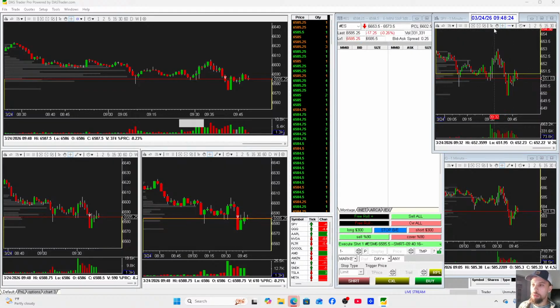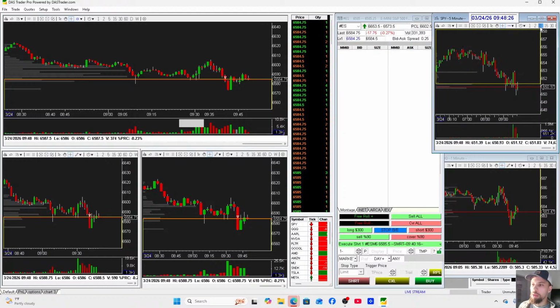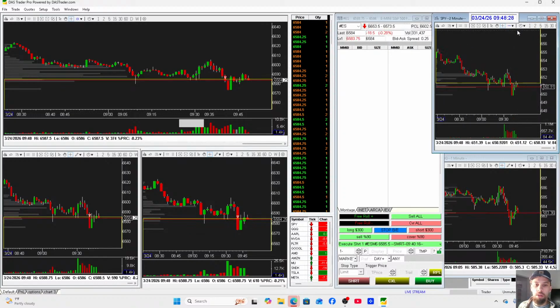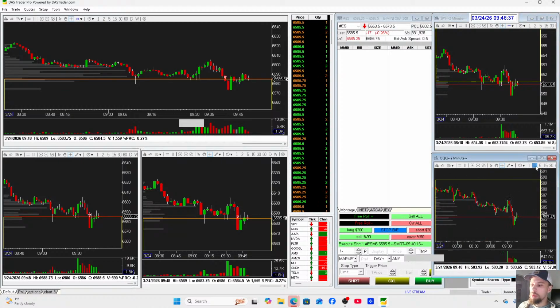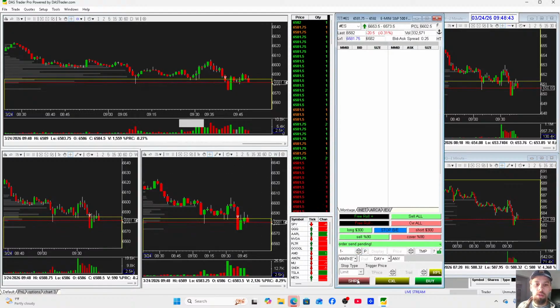SPY and Qs. Are they rolling over here? Kinda looks like it. I think I might want to add another contract here. Just watching the price action. Yeah, that's weak. Alright, 2 contracts to the downside.